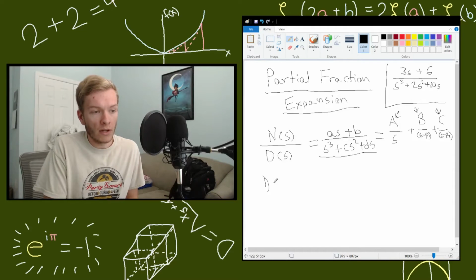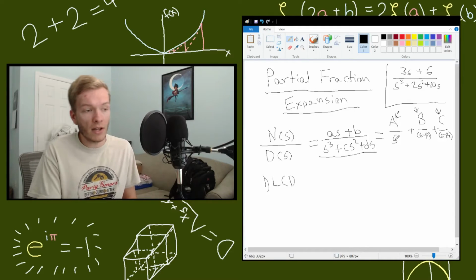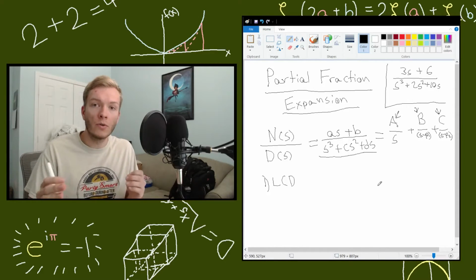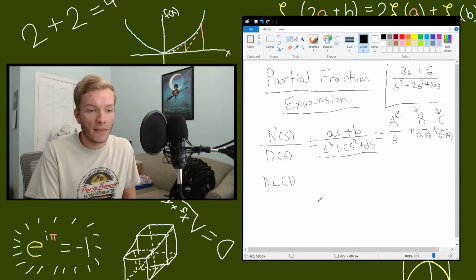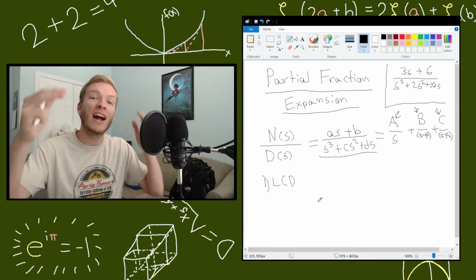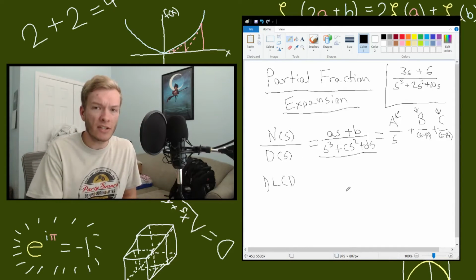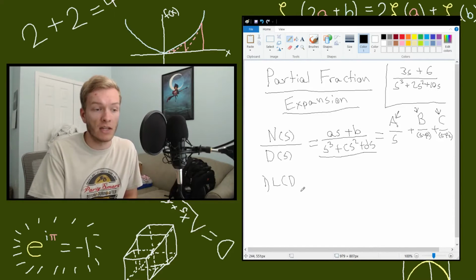We try to find the LCD, which is the least common denominator, and we are going to make it so that each of the coefficients is not in a fraction. This will make our lives easier. This is not a necessary step, but it does definitely make it easier.